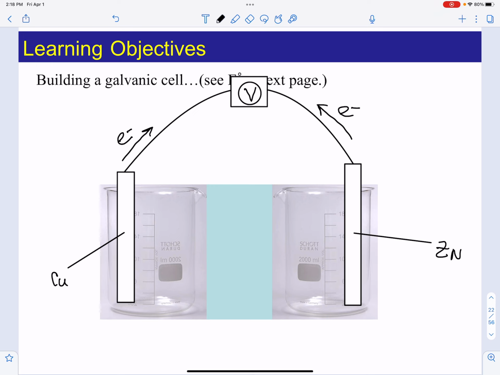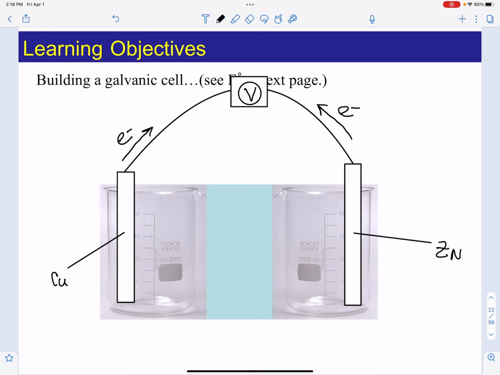So that cannot happen. What's going to happen here is that one of the metals is going to be more powerful than the other. One of the metals would be more prepared, or it would have a higher tendency to lose electrons.